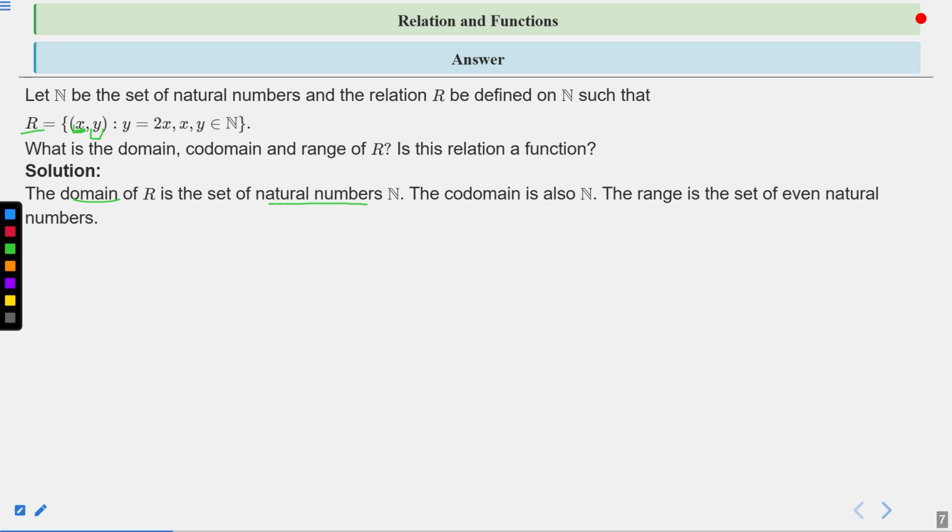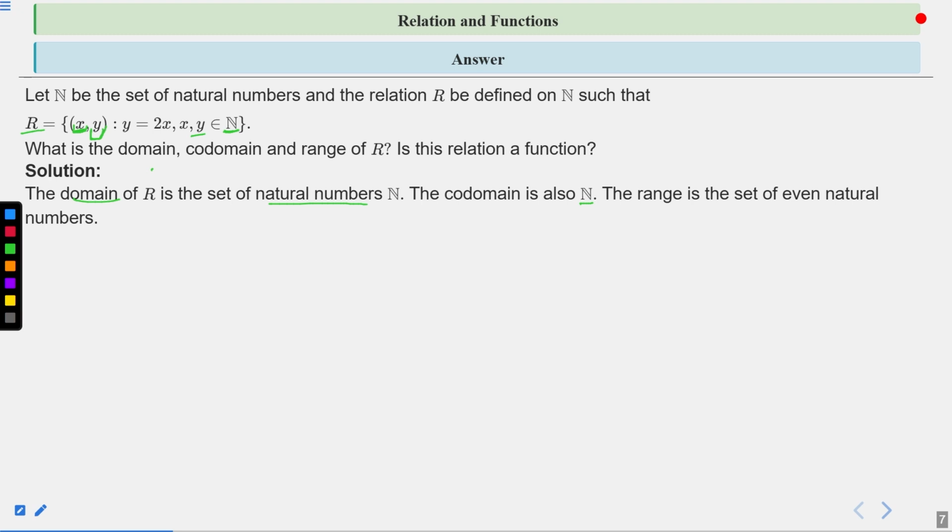Because your first element, which is x, belongs to the naturals. So it is your domain set. Now for the codomain, we have to see that this y belongs to what set? So y also belongs to the set of naturals. So the codomain is also naturals. Simple.